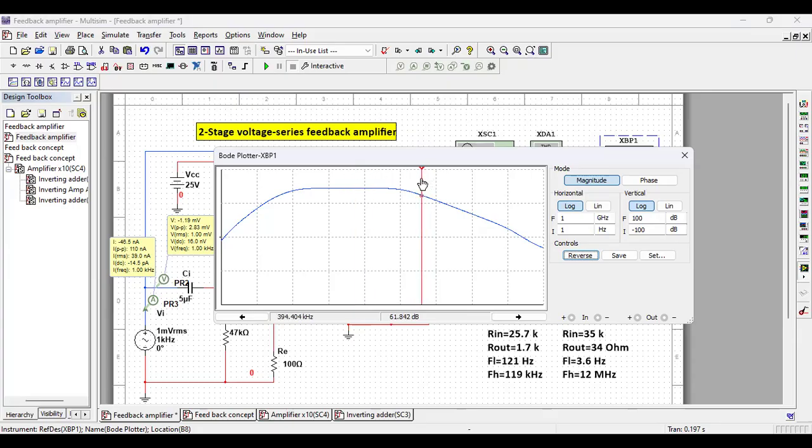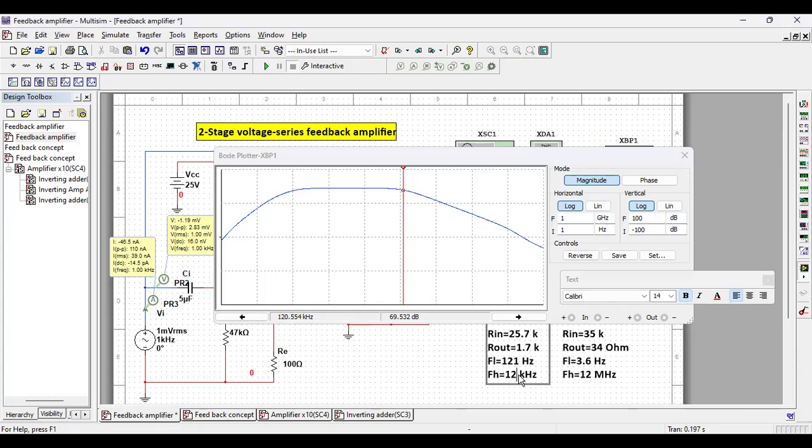Upper cutoff at 69.566 is approximately 120 kilohertz. I have written 119 kilohertz, so I shall correct it to 120 kilohertz.